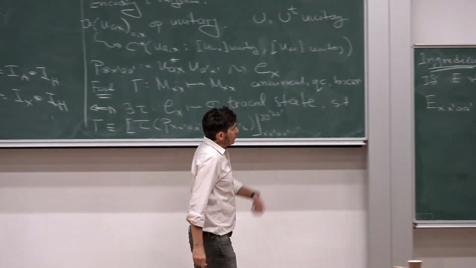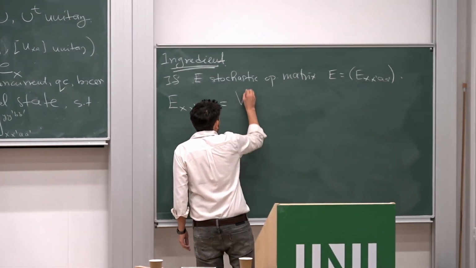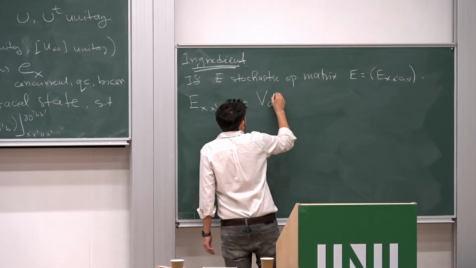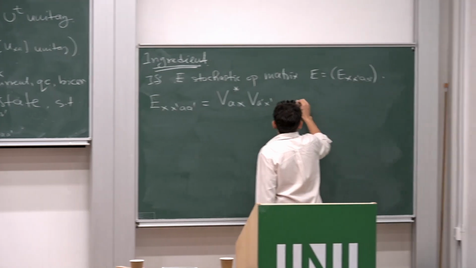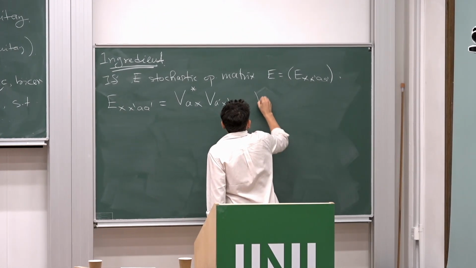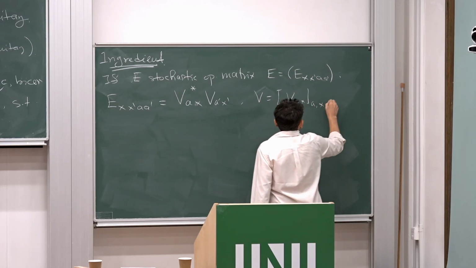Your entry corresponding to x prime and a prime will be factorized as V_{a,x} star V_{a prime,x prime}, where V, which consists of these entries, is an isometry.